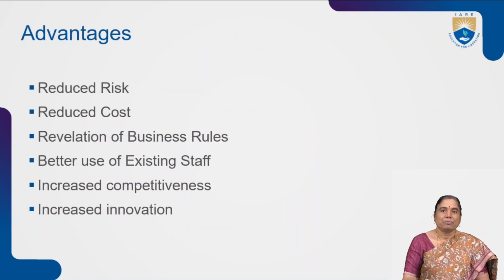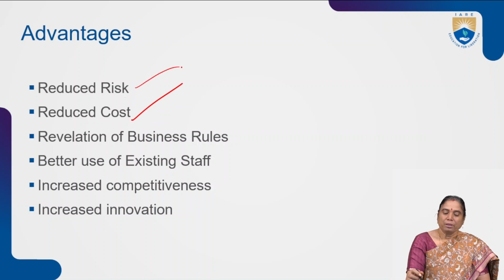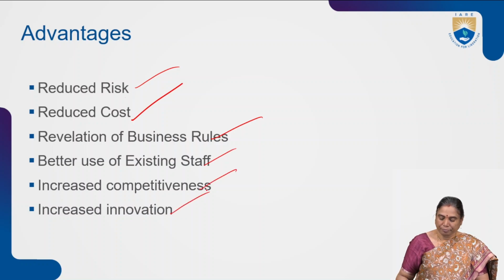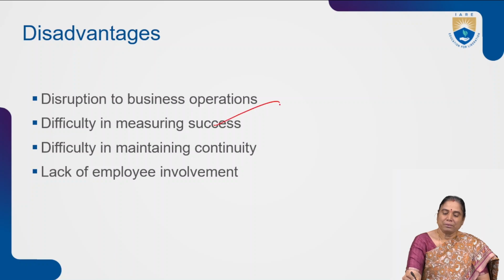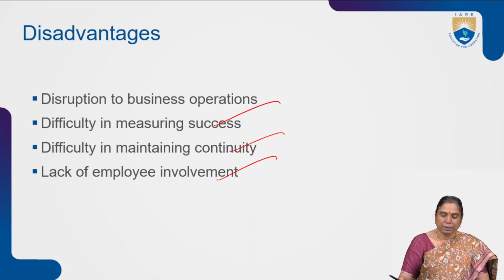The advantages of re-engineering are reduced risk and cost, revelation of business rules, better use of existing staff, increased competitiveness, and increased innovation. The disadvantages are disruption to business operations, difficulty in measuring success, difficulty in maintaining continuity, and lack of employee involvement.